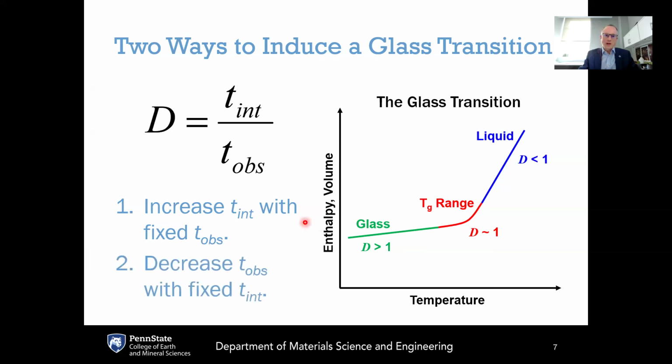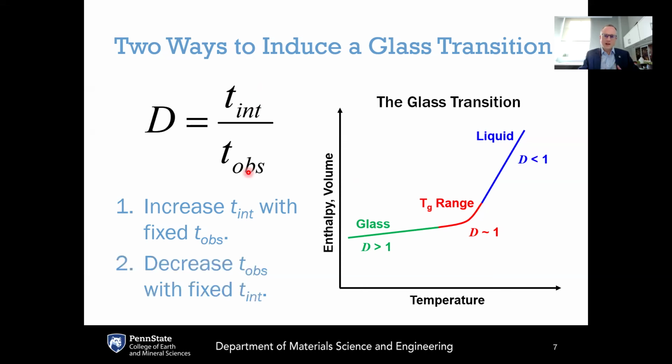But there is another way that a system can undergo a glass transition, and this would be, instead of changing the numerator, we keep a constant numerator, but we decrease the denominator. We lower the observation time. So imagine you have a liquid, and if you probe the liquid on a relatively long time scale, it's going to flow in response to whatever perturbation you're introducing into the liquid.